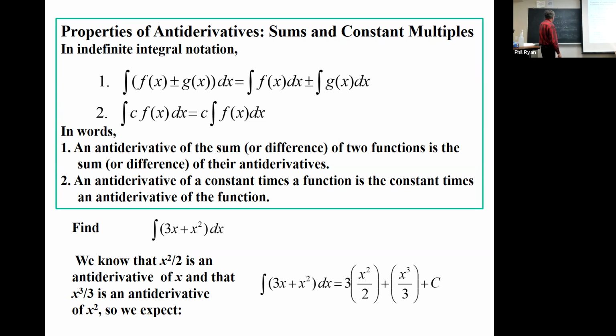Okay, and so now I can just do all the things, right? The antiderivative of x is, I add 1 to the power and divide by that power.